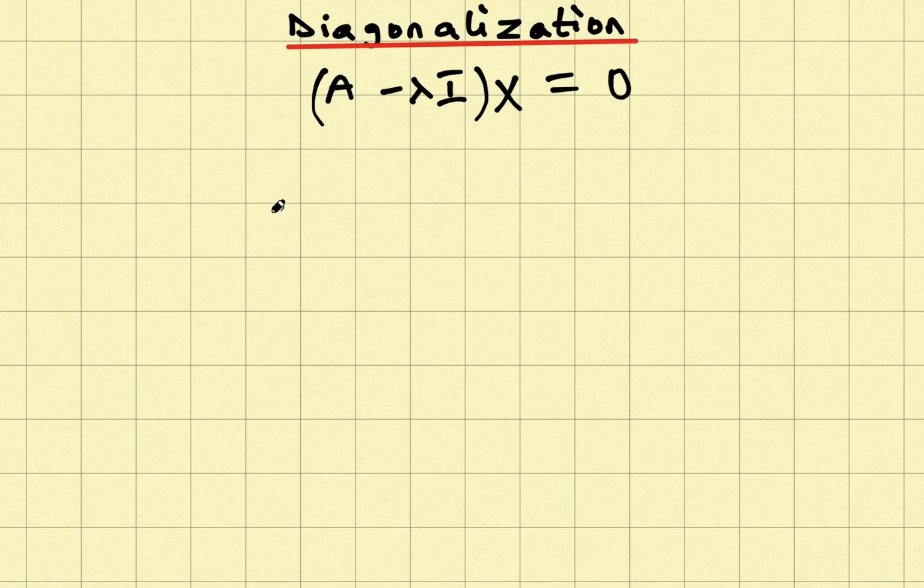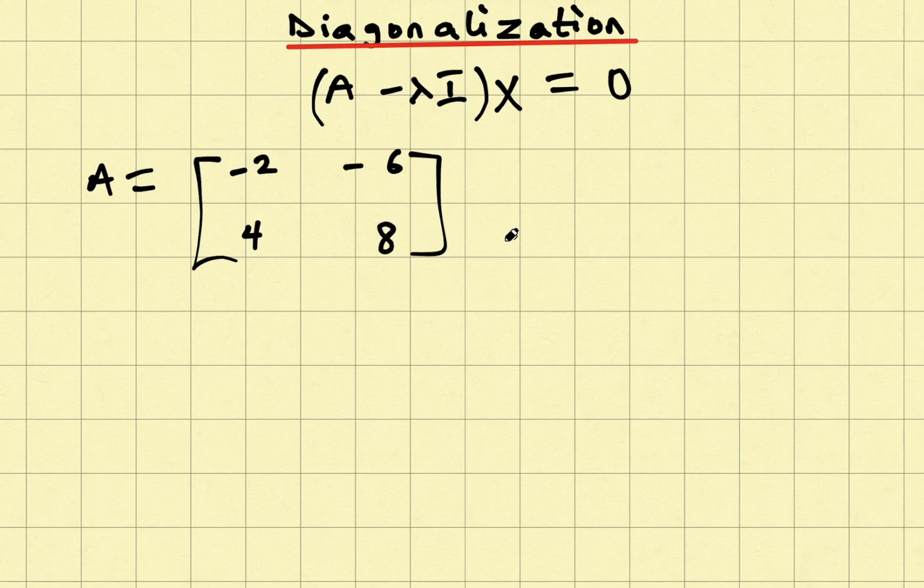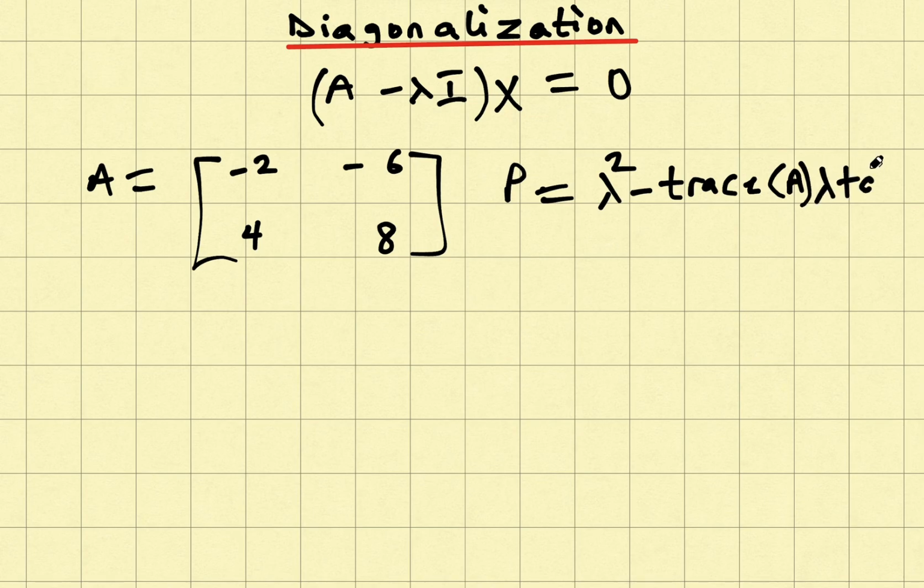Of course, there's a formula method which I used in the notes, which says that if you have a 2 by 2 matrix, just like the one we were given, so we had matrix A equals -2, -6, 4 and 8, the characteristic polynomial, let me call that P, is going to be expressed as lambda squared minus the trace of A, multiplied by lambda, then plus the determinant of A. That's simply what the characteristic polynomial is going to be like.